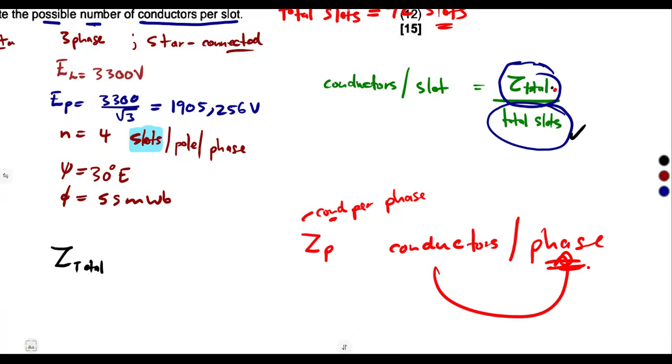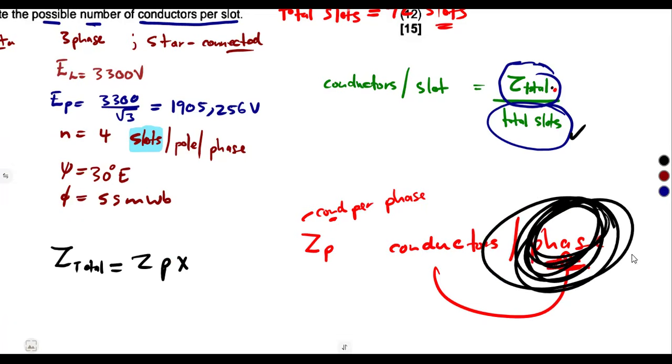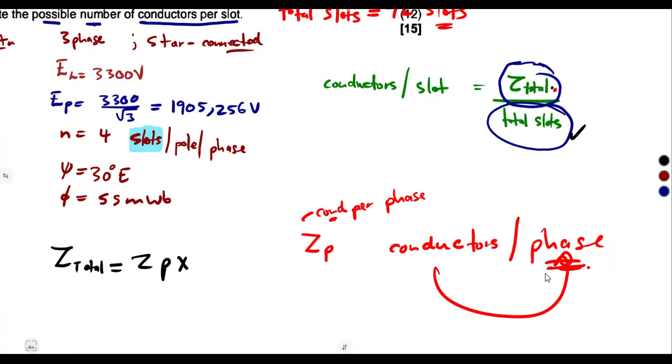So if I have that ZP, which represents the conductors per phase, I simply need to multiply by the total number of phases, to remove this per phase. Remember, we need to get rid of the per phase so that we remain with the total conductors. So we're going to multiply by the number of phases.